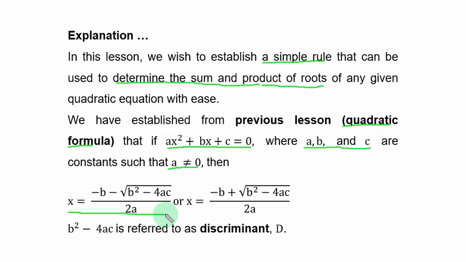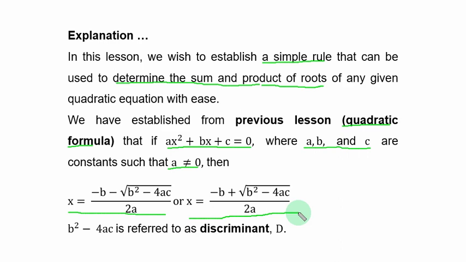But because of the plus or minus, it can be written twice, the first root and second root. So it can be written as s equal to minus b minus square root of b squared minus 4ac over 2a, or in terms of plus, s equal to minus b plus square root of b squared minus 4ac all over 2a.